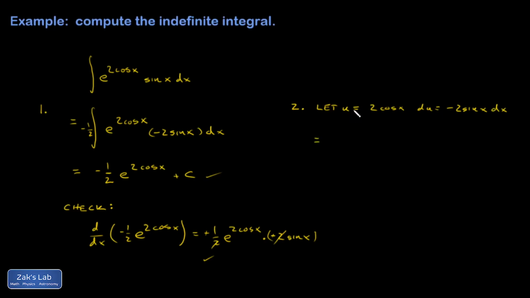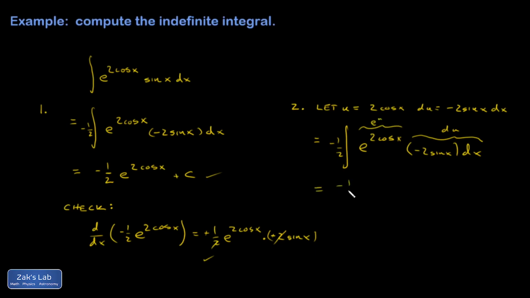So my integral is e to the 2 cosine x, negative 2 sine x, dx, multiplied by negative 1/2. And this chunk over here is du, and this chunk over here is e to the u.